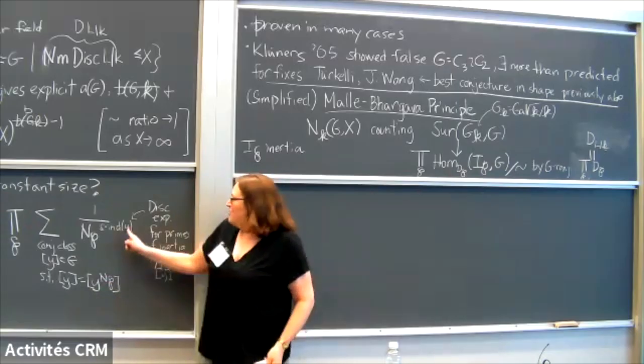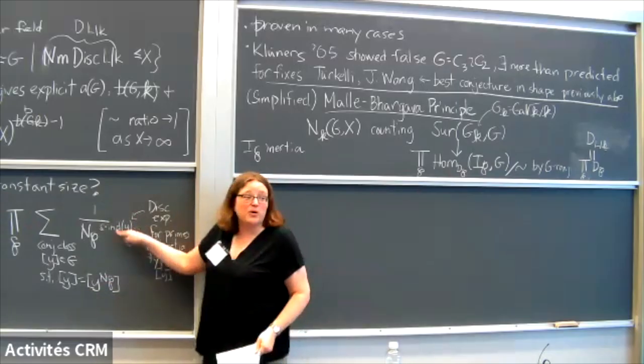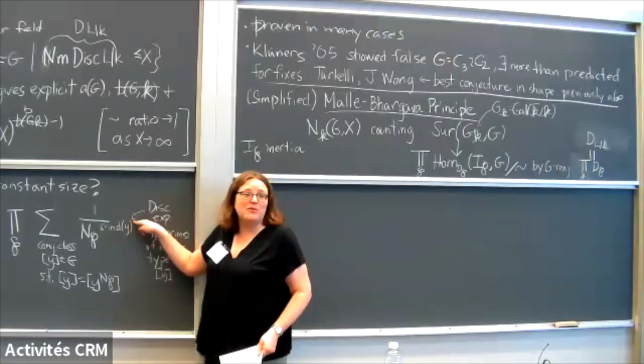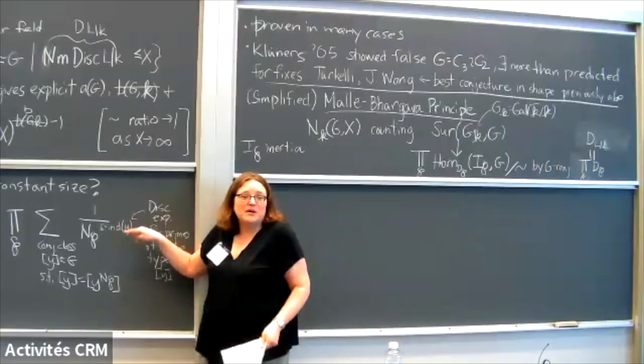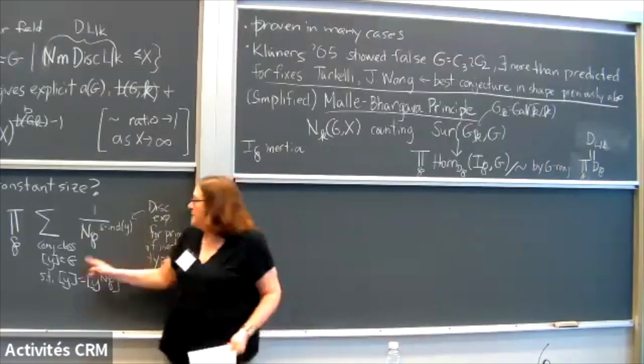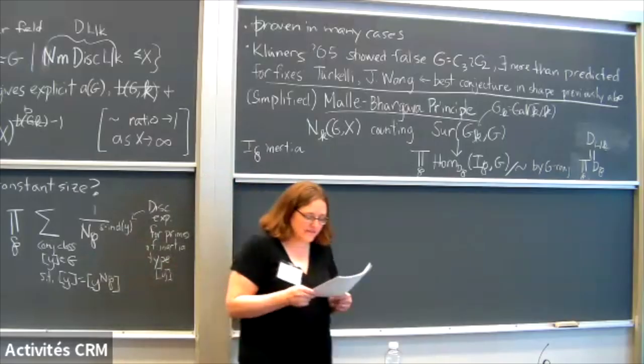So you could replace these exponents, the exponent you put on P in the discriminant, with some other exponent that depends on the image of inertia.